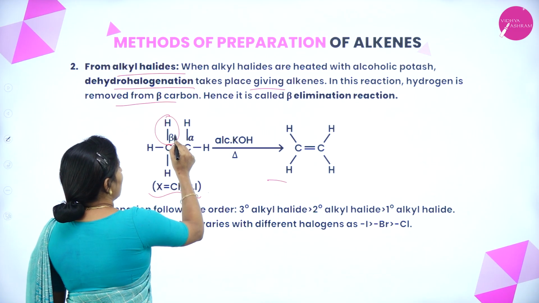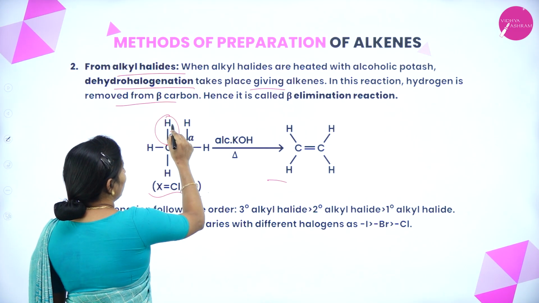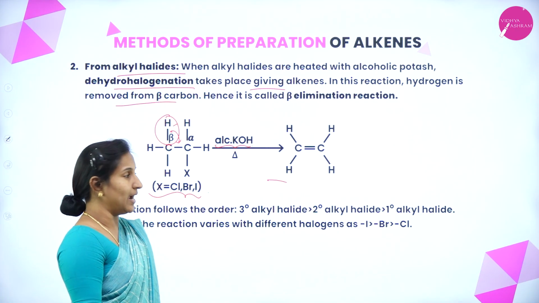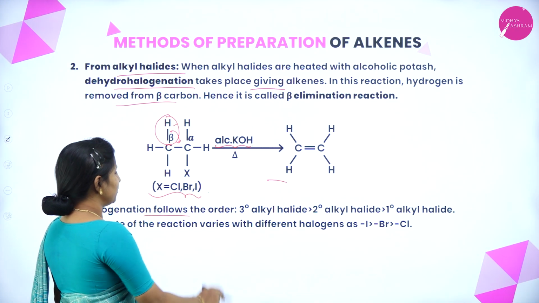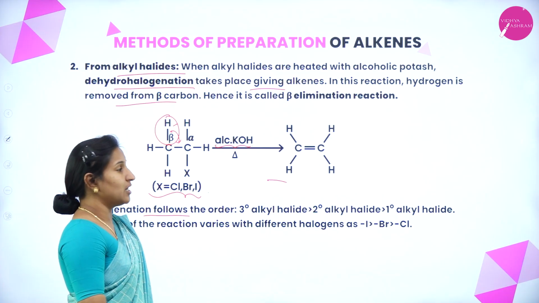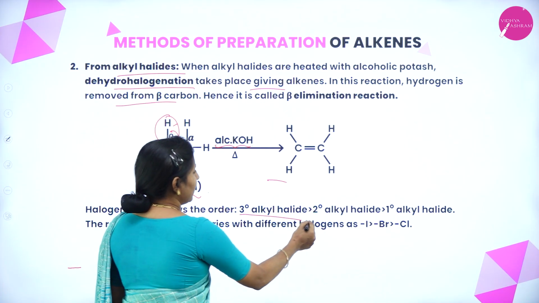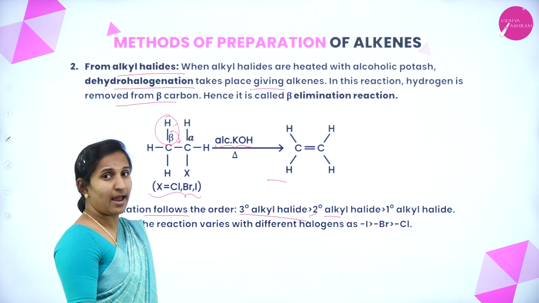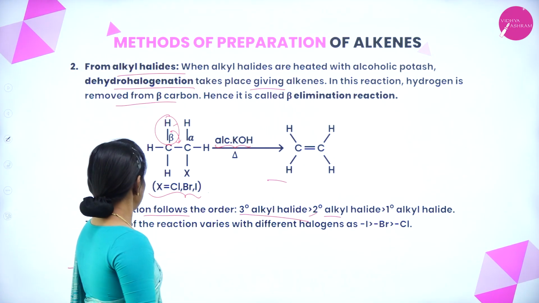This hydrogen is removed when it reacts with alcoholic potassium hydroxide. The rate of dehydrohalogenation follows the order: tertiary alkyl halide is greater than secondary alkyl halide, which is greater than primary alkyl halide.